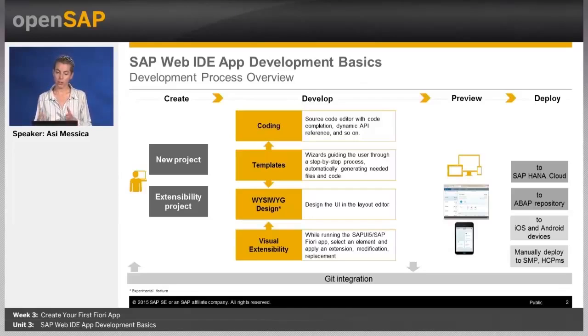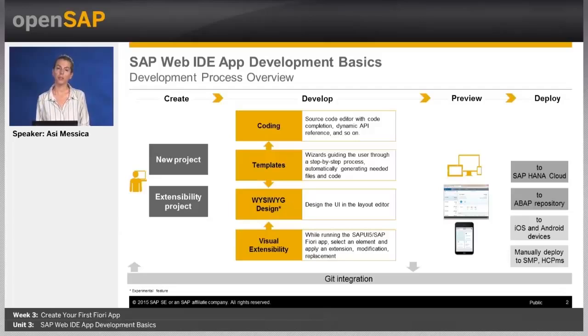The next step of the development process is the preview. And of course, this is an iterative process, so you can go back and forth, and we will see it as we go along in the next units. We have a preview or a simulator integrated within the SAP Web IDE, where you can test the applications in different screen sizes that fit the different devices where the application should run.